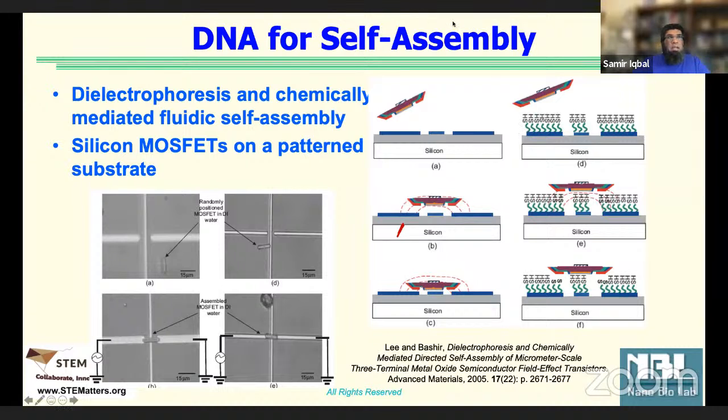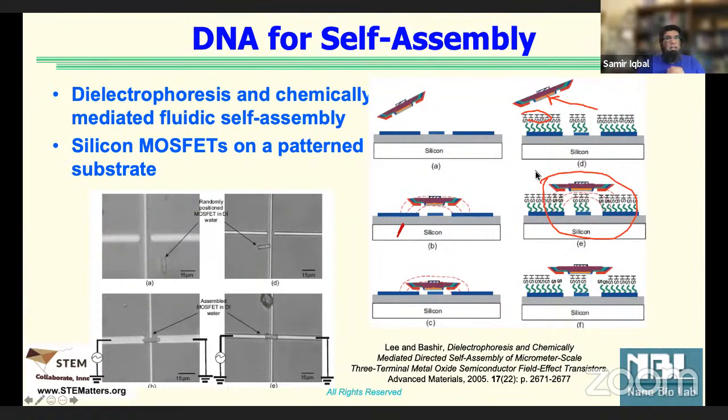Let me highlight what we are talking about here. In this case, this SH group, which is shown, is supposed to bind to this gold, which is on this free floating device. And once it finds it, it gets fixed there.